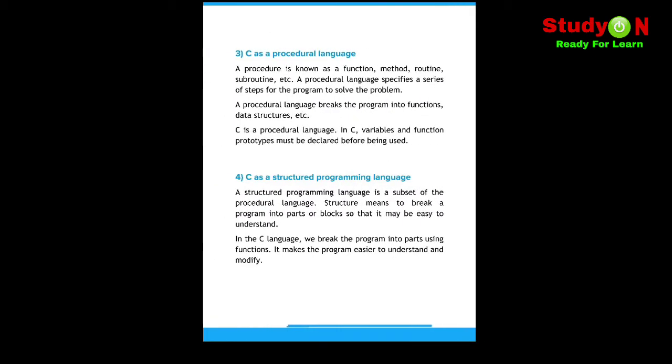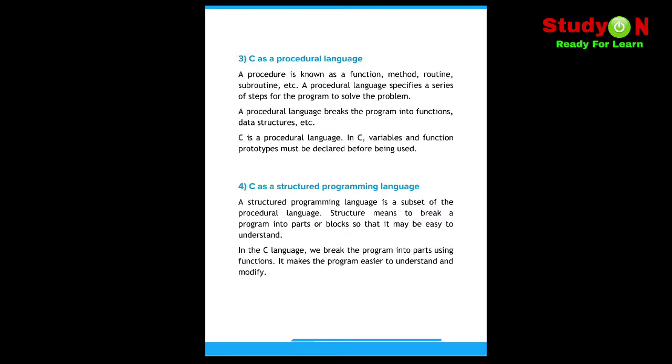Now, C as a procedural language. A procedure is known as a function, method, routine, subroutine, etc. A procedural language specifies a series of steps for the program to solve the problem. A procedural language breaks the program into functions, data structures, etc. C is a procedural language.